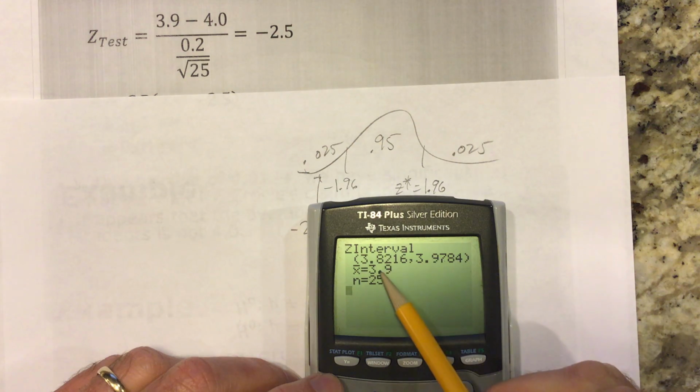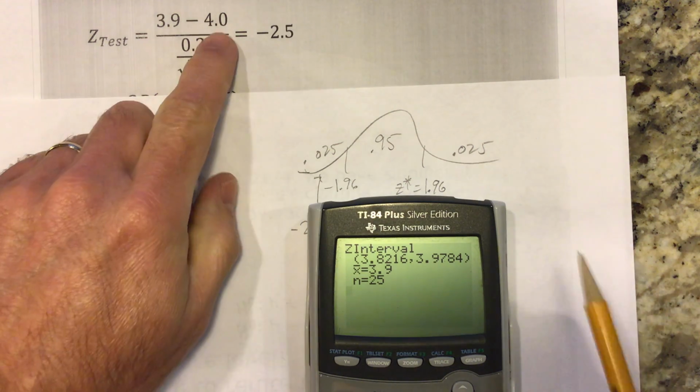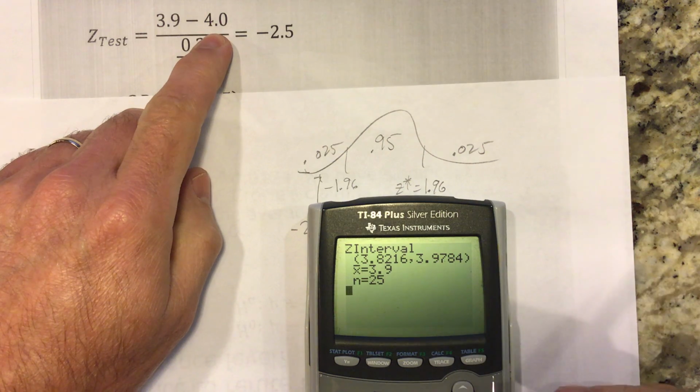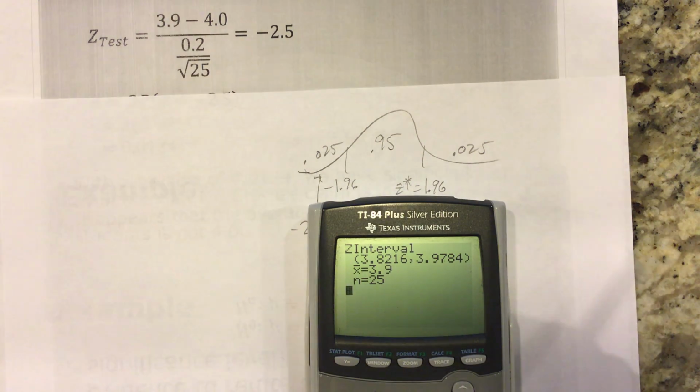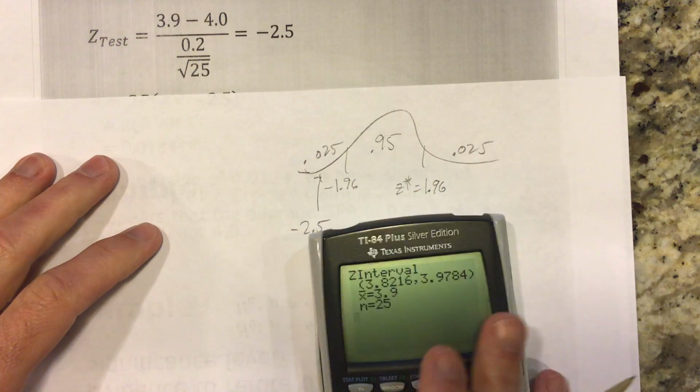So if we get a number in between these two, we'd say, oh, we don't have enough evidence. But if we're outside of those two, then we'd have it. So 4.0 is outside of that, right? So we would have enough evidence. The other way to do it would be, well, let's just stop there. I don't want to confuse you too much.